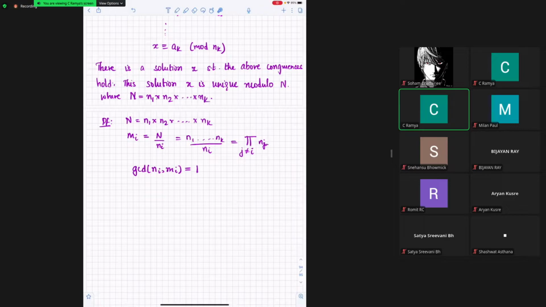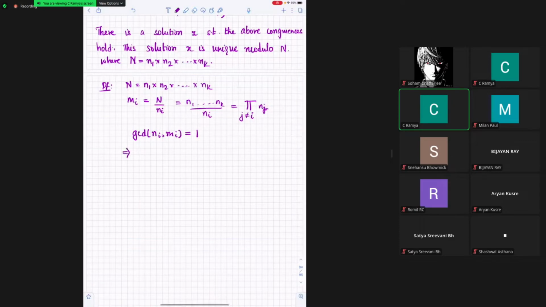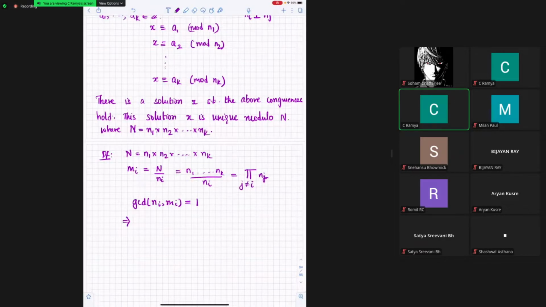If there was a factor p that divided ni and this product, it should divide one of the nj's, right? Then this means that ni and nj are not relatively prime. Okay? So what does this immediately tell us? The moment the GCD of ni and Ni is 1, and we are trying to go modulo ni, what can you say about the multiplicative inverse? The moment I know that the GCD is 1.